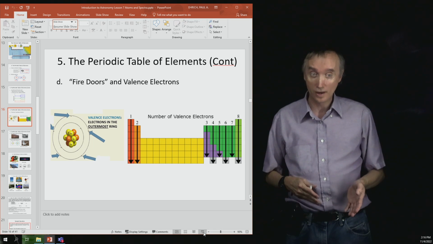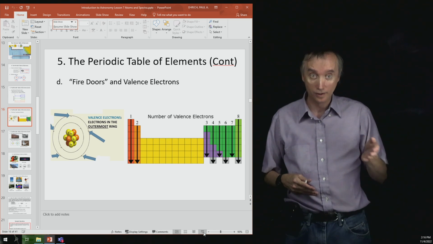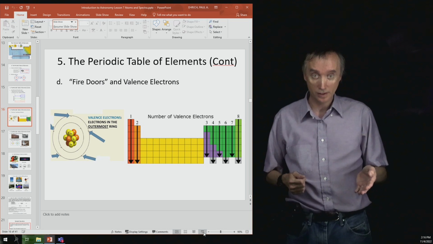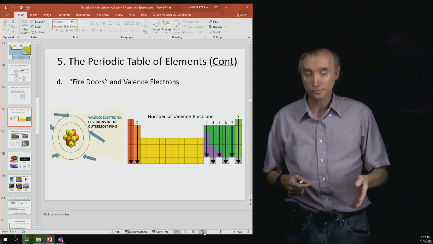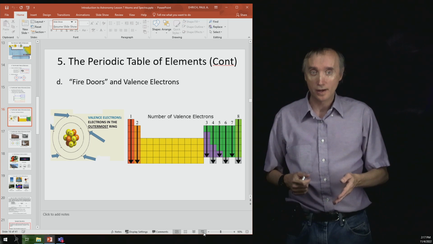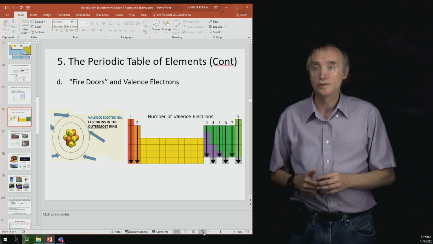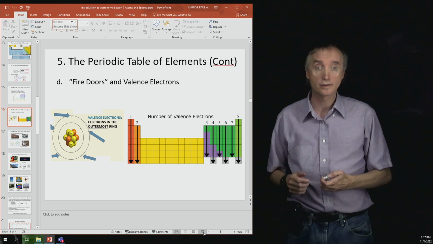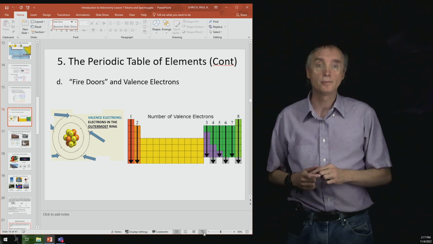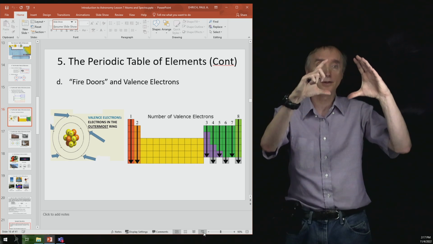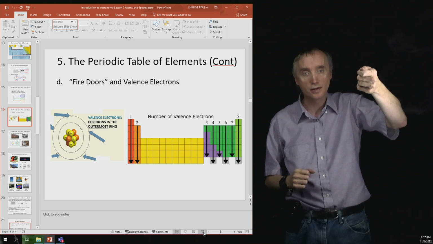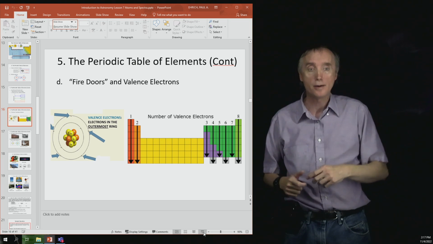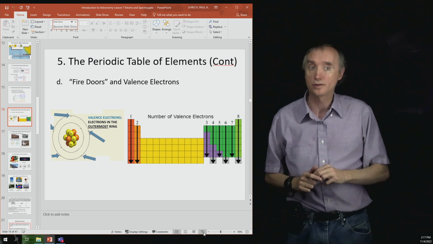The ones that do that are in column 8, like helium and argon and krypton. Anything in column 8 is very unreactive. For example, if you have a helium balloon and you light a match and stick it to the helium, it's going to pop the balloon, but there's certainly not going to be an explosion.